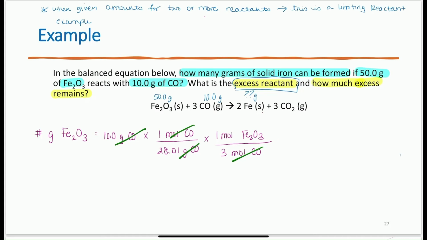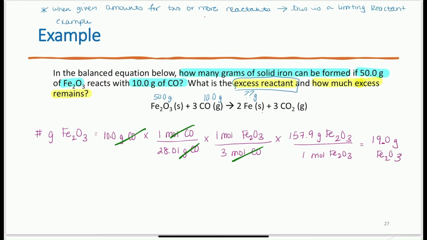I can quickly convert to grams of iron 3 oxide. I know there's 157.9 grams of iron 3 oxide for every 1 mole of iron 3 oxide. This comes out to 19.01 grams of iron 3 oxide. What does this value mean?